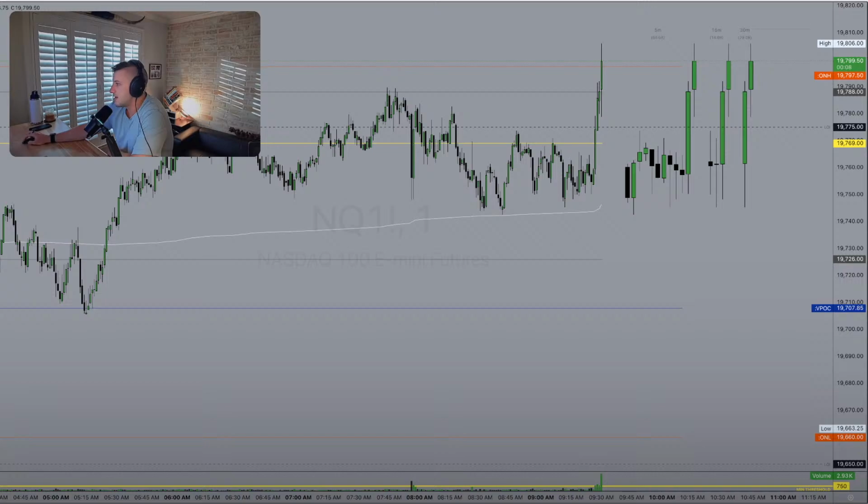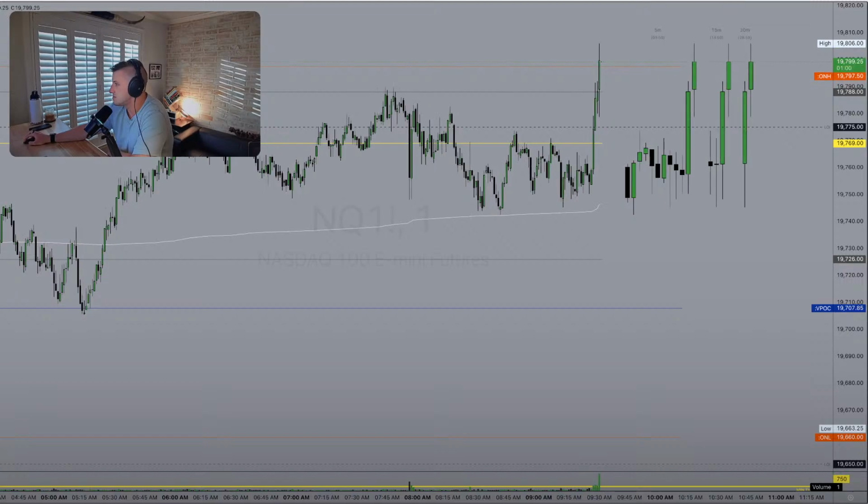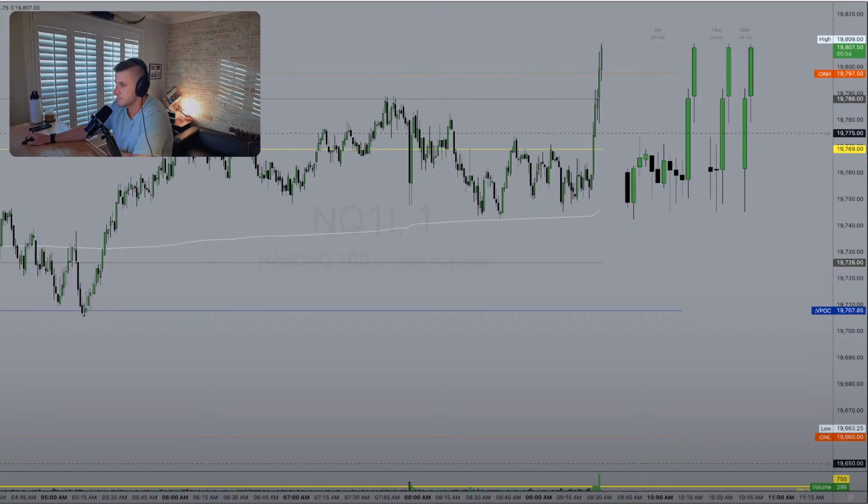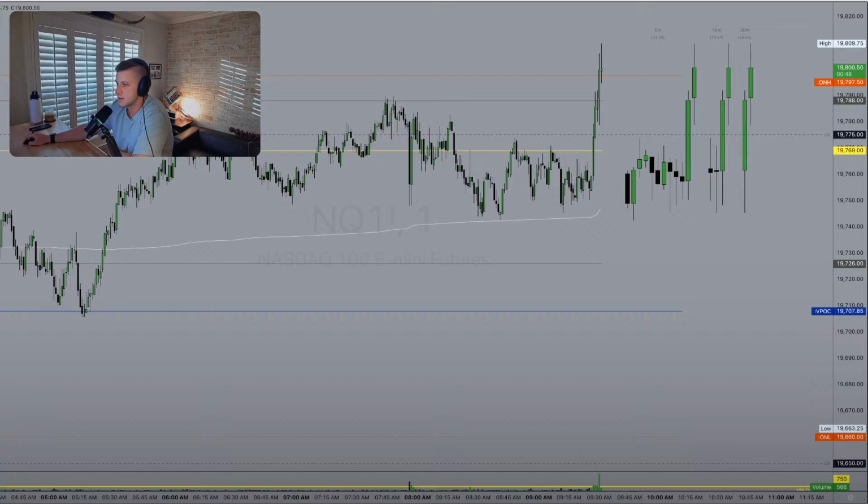Poking up above that area. See if this is just a little look above or something more. New high of day for NASDAQ.